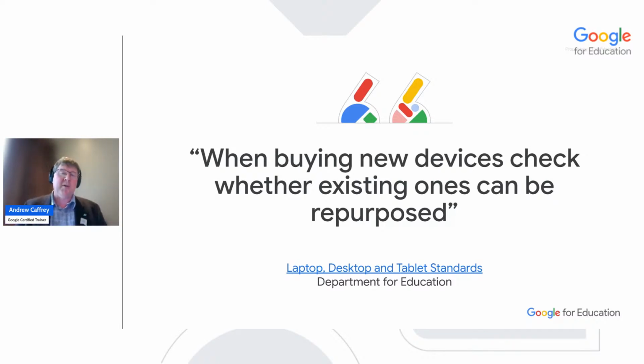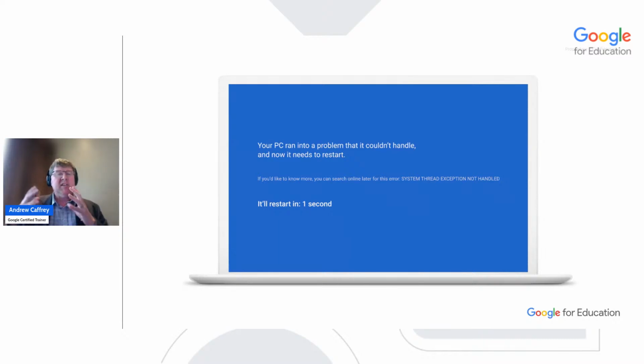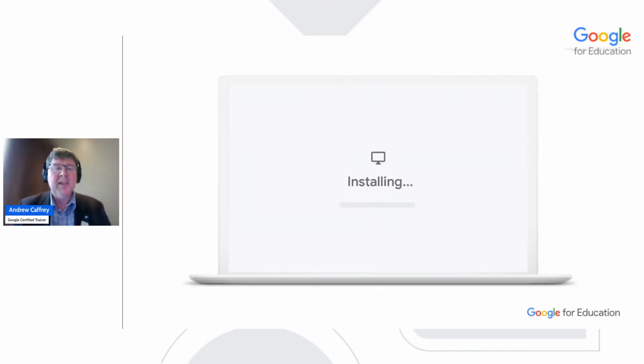And lots of schools I work with have cupboards full of old devices sitting around. So if you've got some old devices, maybe they are devices that are running Windows 10, not capable of taking the Windows 11 upgrade, you might want to think about doing this and installing the Chrome OS operating system onto those older devices. And that's something we call Chrome OS Flex.